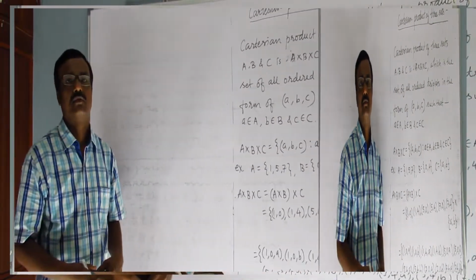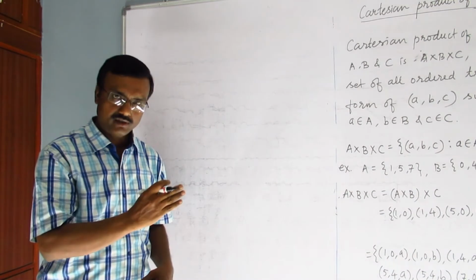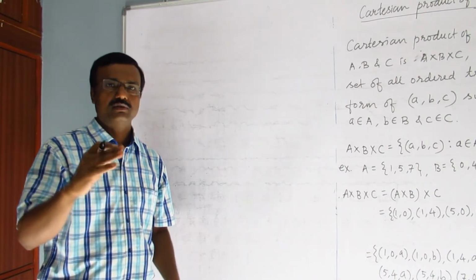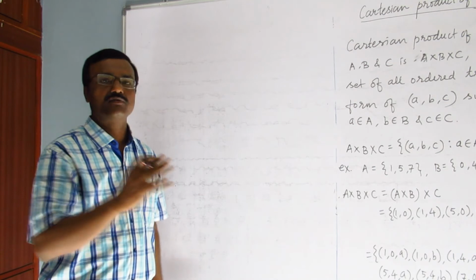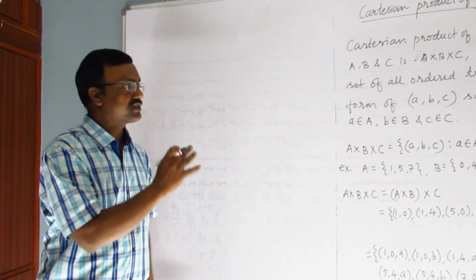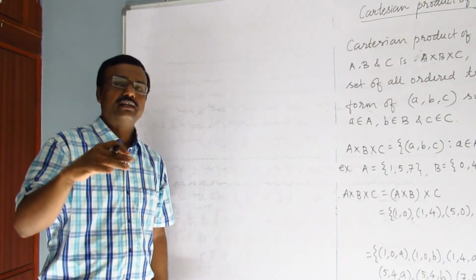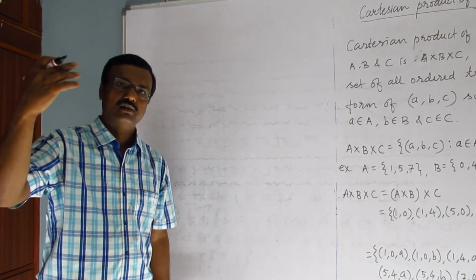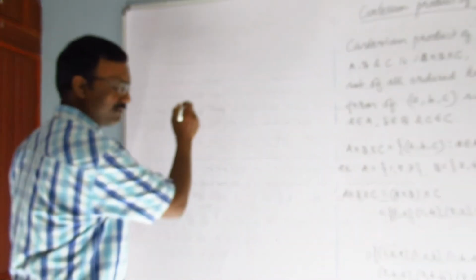Okay. Now students, Cartesian product can be extended to any number of sets. We have seen Cartesian product for 2 sets, we have seen Cartesian product for 3 sets, and that can be extended to 4, 5 and n number of sets. So that I will write here.